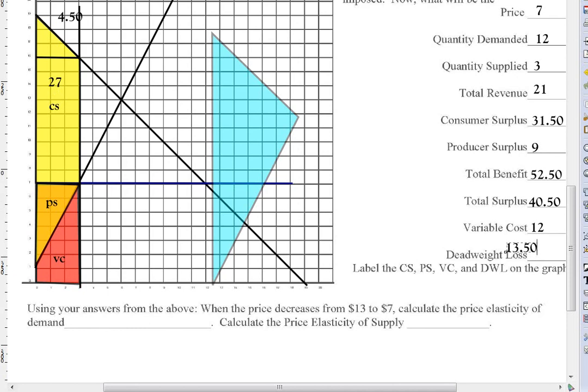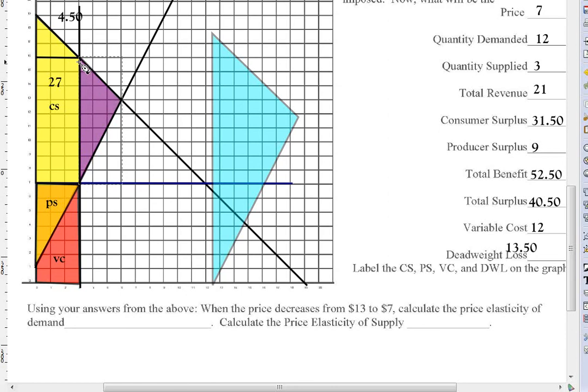So let's do that. Let me draw the triangle as carefully as I can here. And let's see, I'll make it that purple color. So the area of any triangle, 1/2 base times height. Now in this case, let me make it see-through. I think about this bottom part as the base, and then this distance as the height.